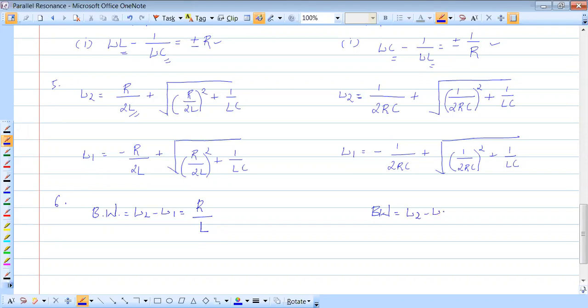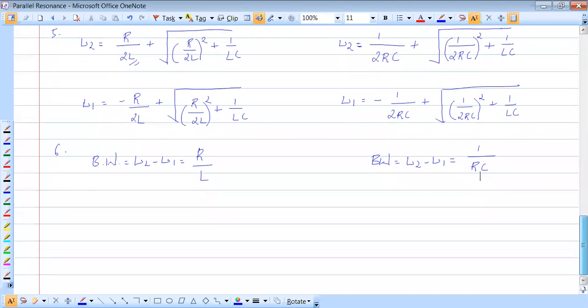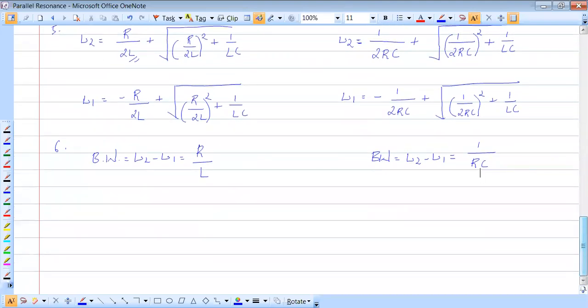Omega 2 minus omega 1, the bandwidth. Yeah, it's 1 by RC. Good. So this is duality. If you know every equation in series resonance, parallel resonance is not at all difficult. From the duality principle, we can just replace these parameters and obtain the results. Fine. So this is regarding bandwidth.